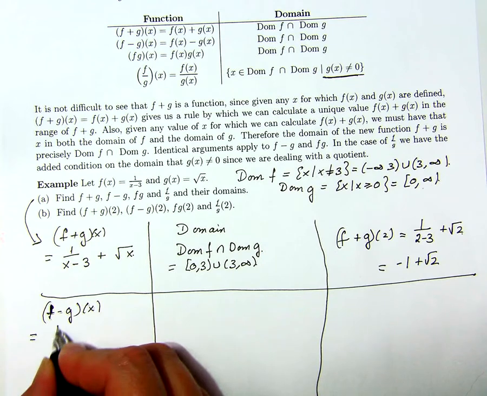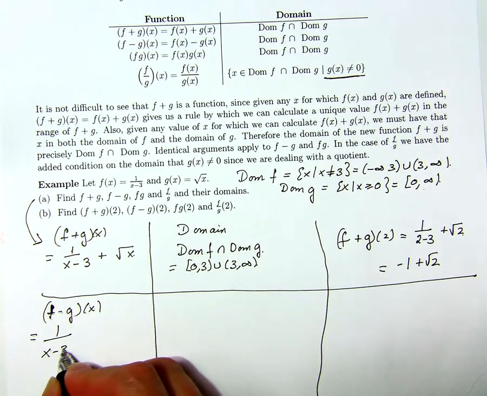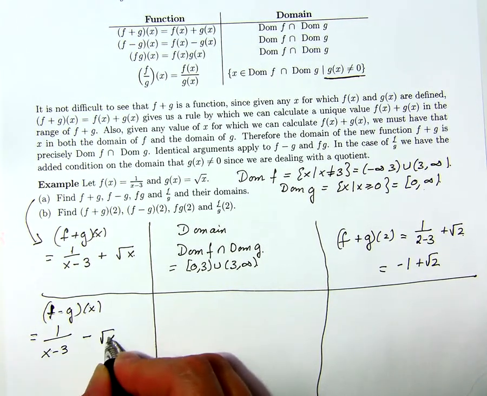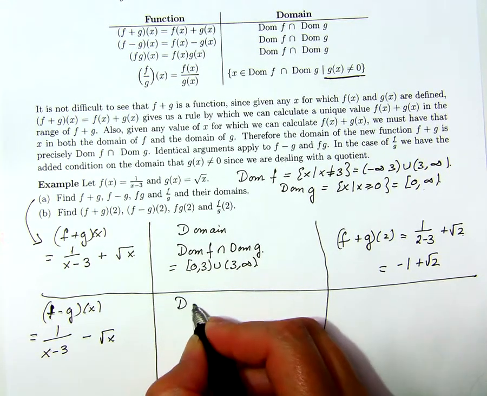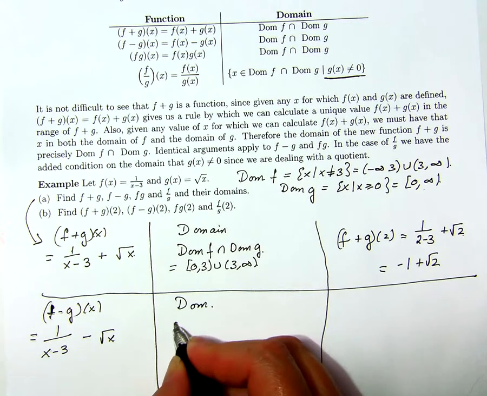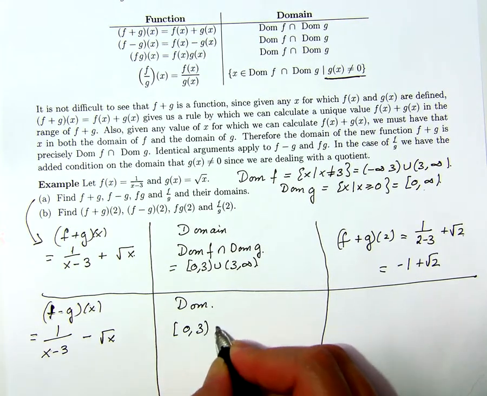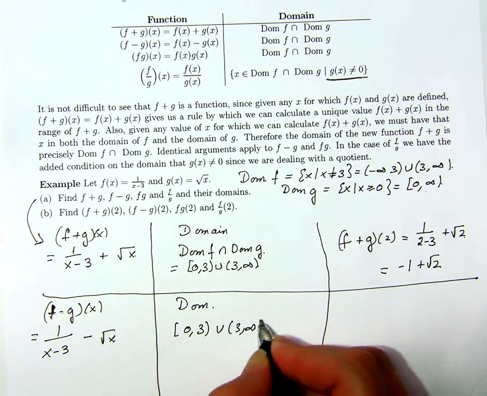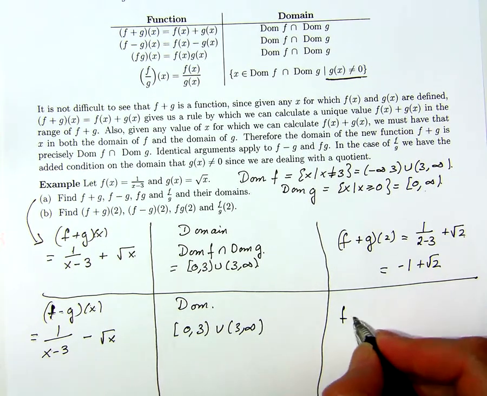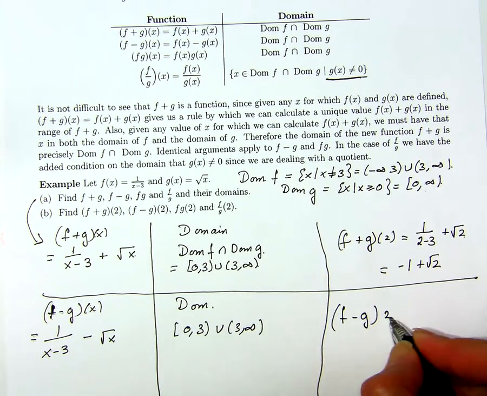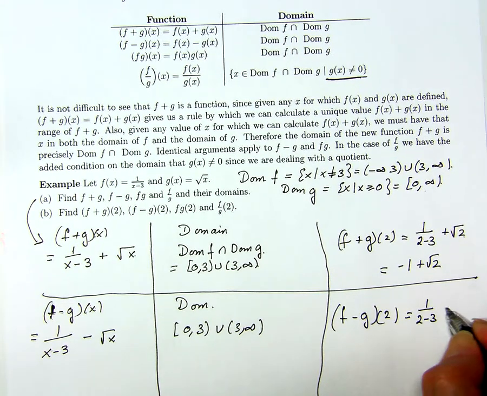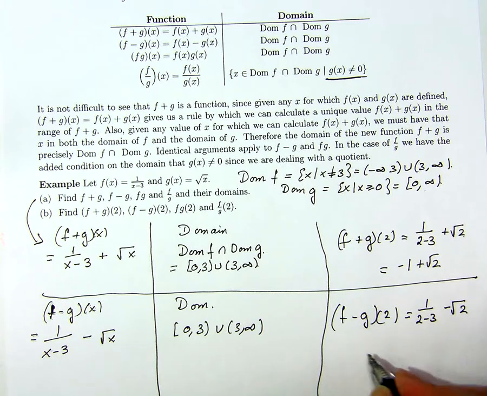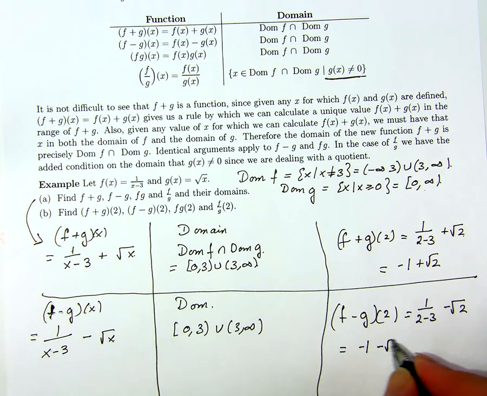Well, it's going to be f of x minus g of x. And again, its domain is going to be the intersection of the domains, so it's what we had before. And f minus g of 2 is now just f of 2, 1 over 2 minus 3, minus g of 2, the square root of 2, and that's equal to minus 1 minus the square root of 2.